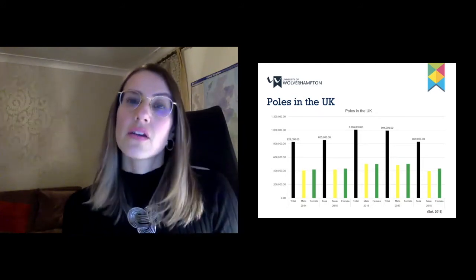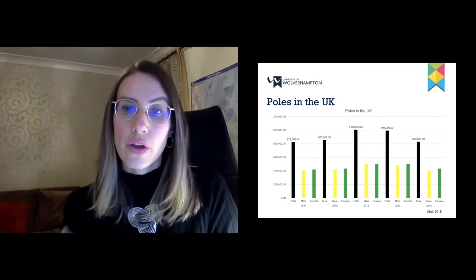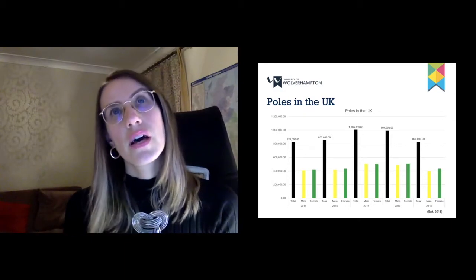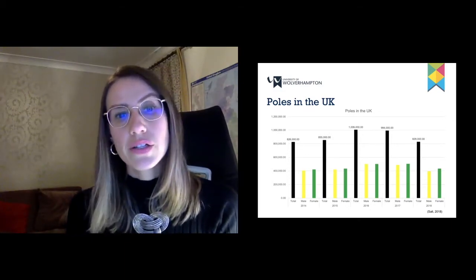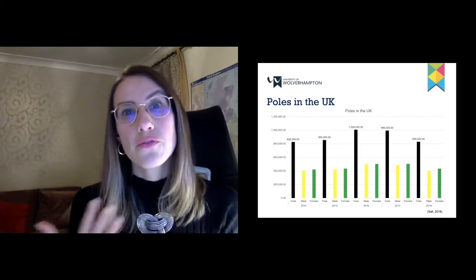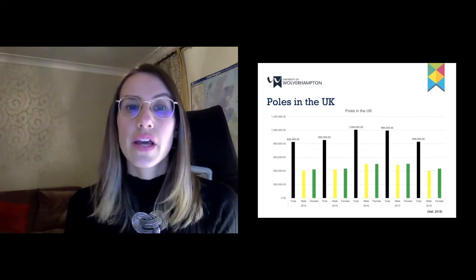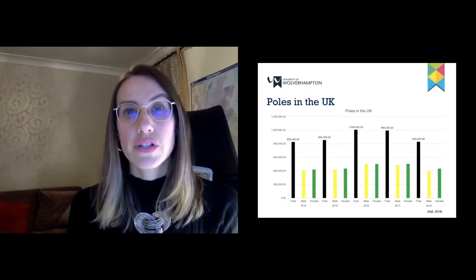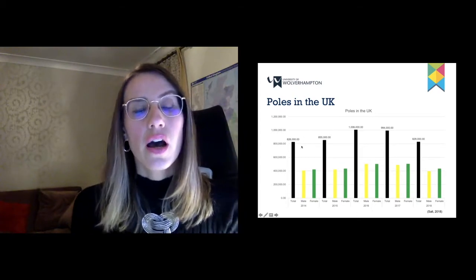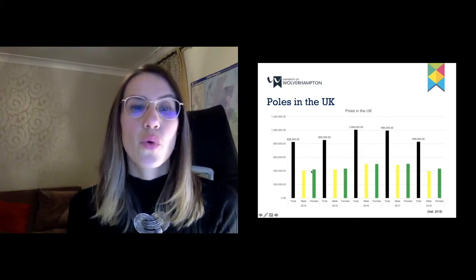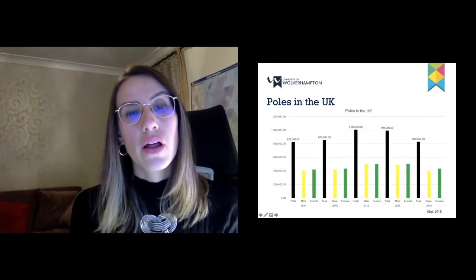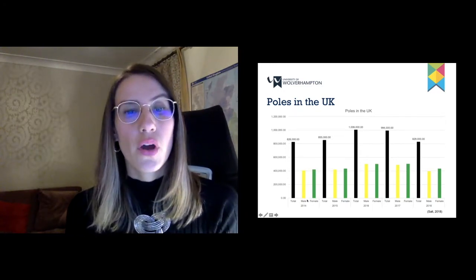And the second thing that we would like to observe when looking at this chart is the percentage of male and female migrants and how they have been changing over time. As you can see, for each year we have a division for male and female Polish citizens in the UK.